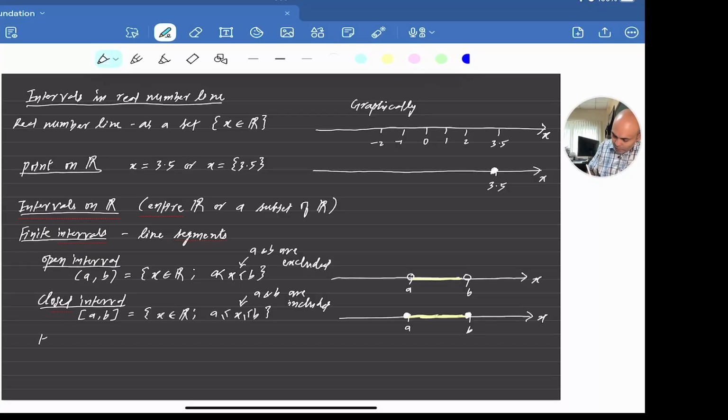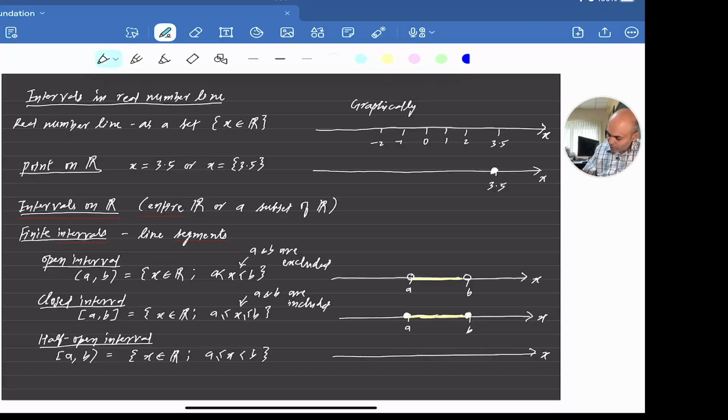Half open intervals: you can include A and exclude B. So we write it as A is included but B is excluded.